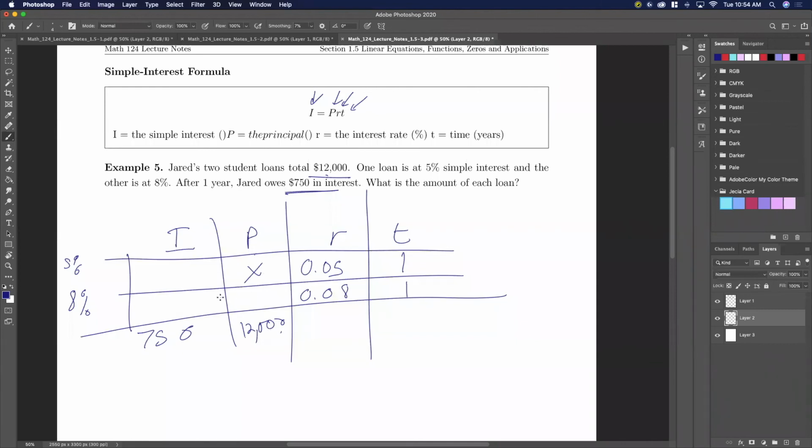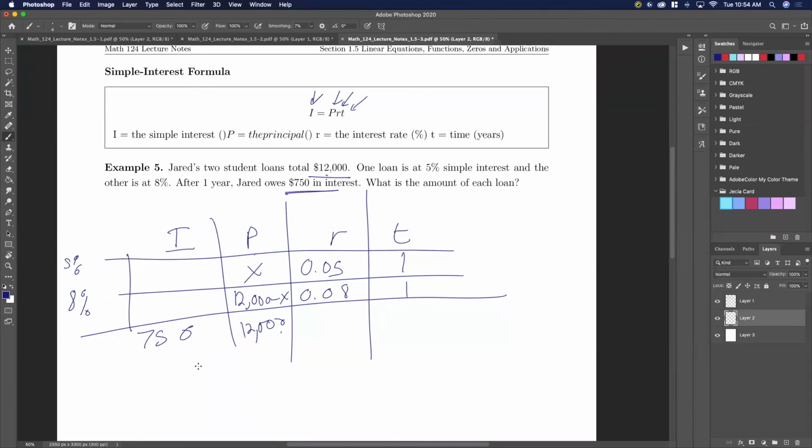That means I had 12,000 minus X in that one. Does that make sense? If I took out X amount into the 5%, and I know they add up to 12,000, then if I take 12,000 minus X, that's what must be in the other one.